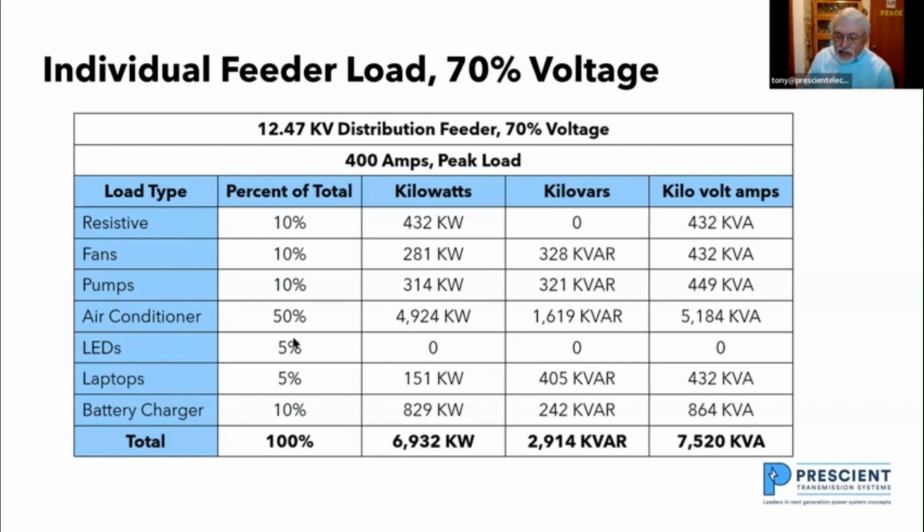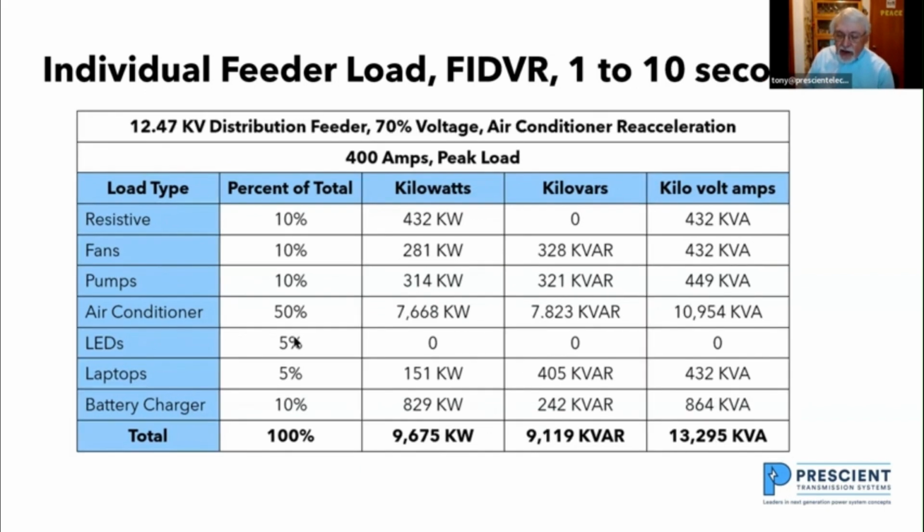So now I've got 70% voltage, and I'm looking at air conditioner reacceleration. And the air conditioner kW went up, the kVAR went up a lot, the kVA went up a lot. So instead of having a circuit with 8,000 kVA on it, I have a circuit with 13,000 kVA. So this is our analysis for one circuit.